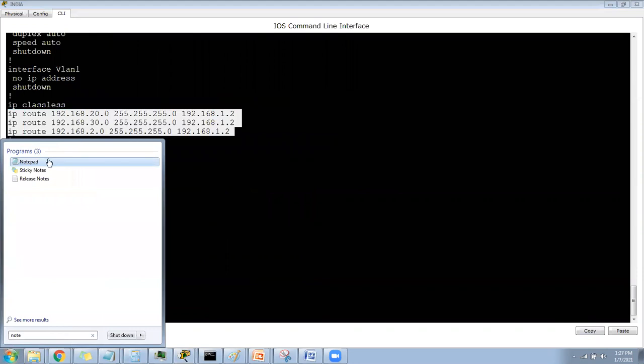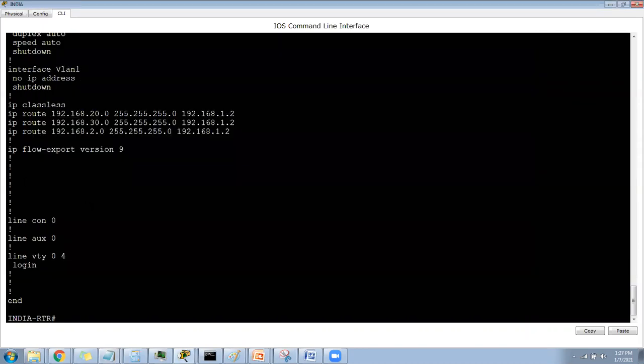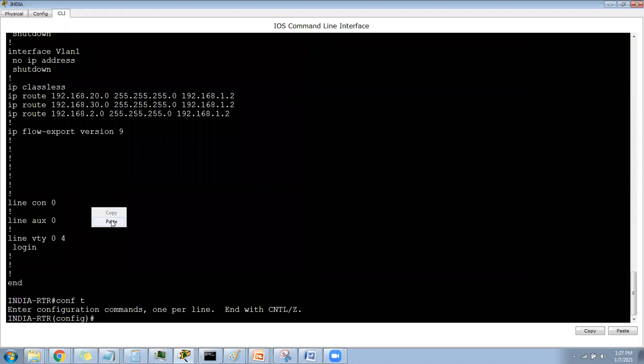Just type no, then here no, then here no. Just copy it, go to the India router, config terminal, and just paste.